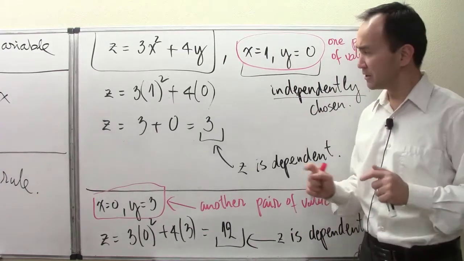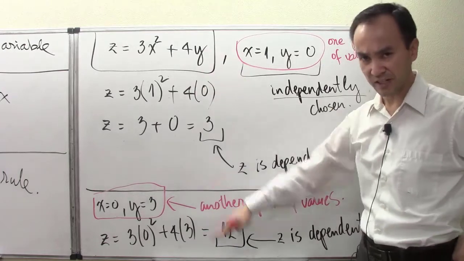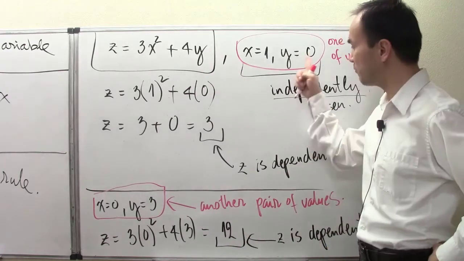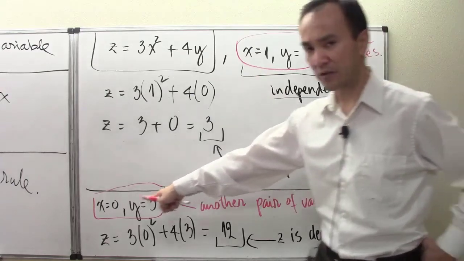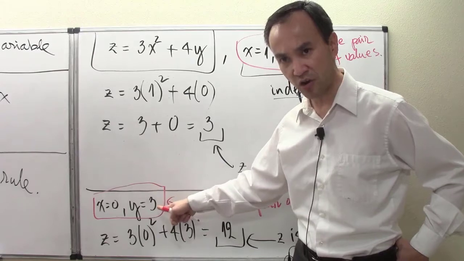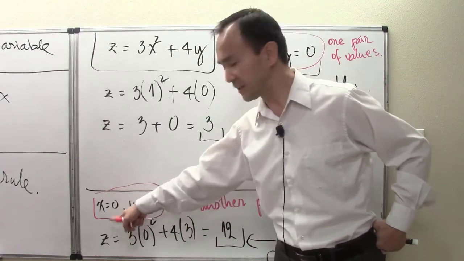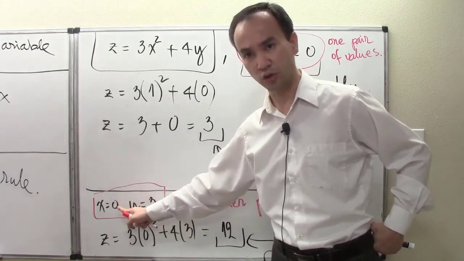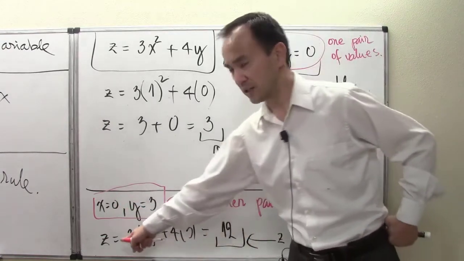So this is the idea here. After investigating two problems where we came up with different pairs of values, we selected a value independently for x, and a value independently for y. With a given pair of x and y values, we came to a different output value for the variable z.